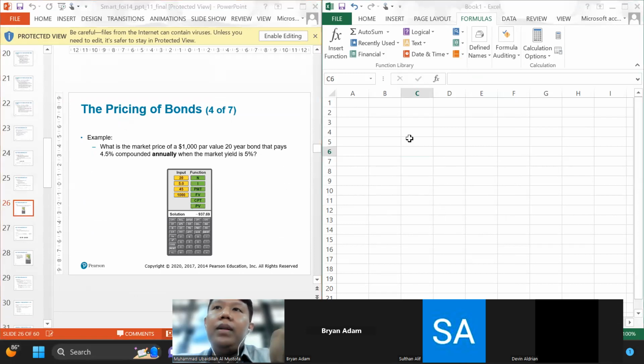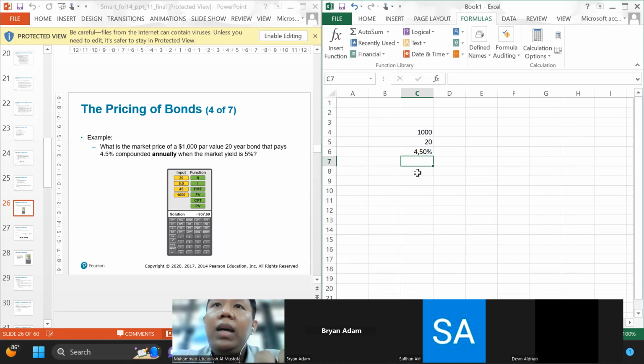So for example, here we have a bond. The face value is 1,000 US dollars, and the maturity is 20 years. It gives you a coupon of 4.5%, so just use 4.5% here.